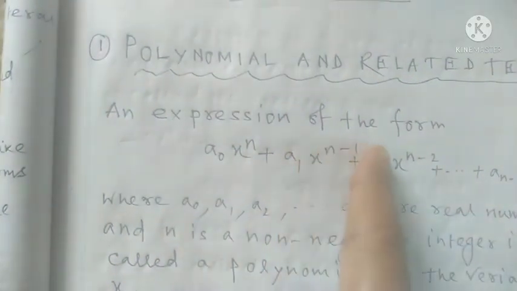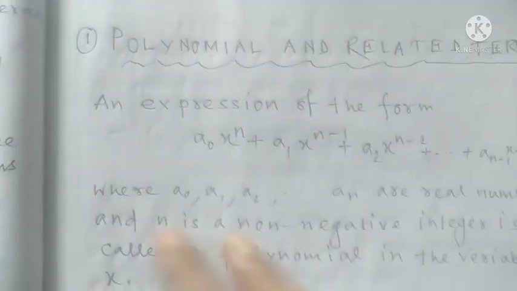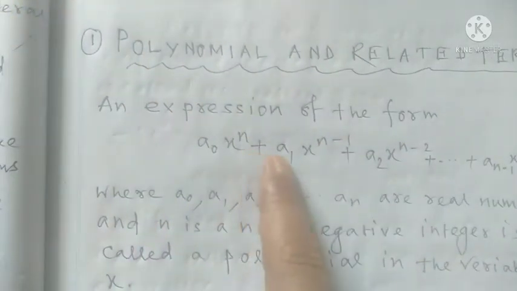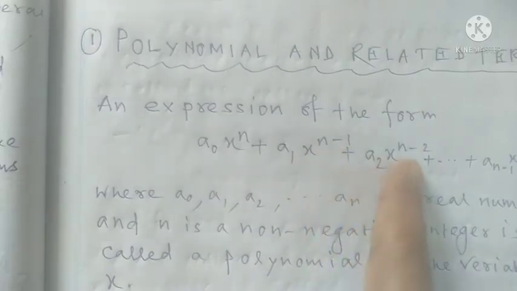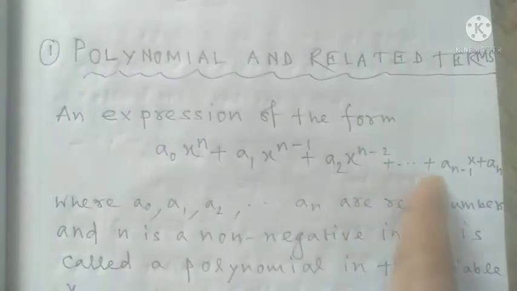Okay, so the expression of the form a0 x to the power n plus a1 x to the power n minus 1 plus a2 x to the power n minus 2 plus an minus 1 x plus an.